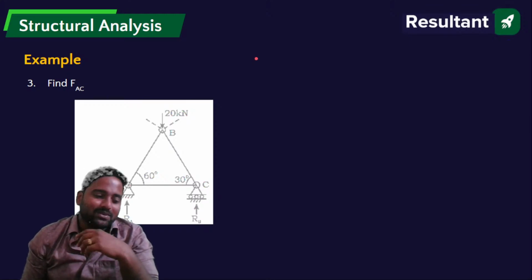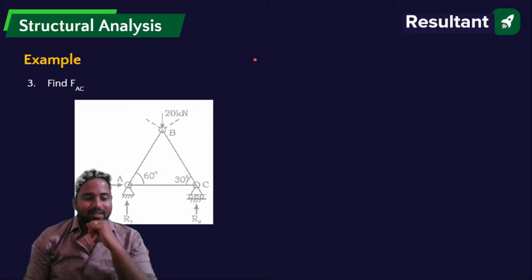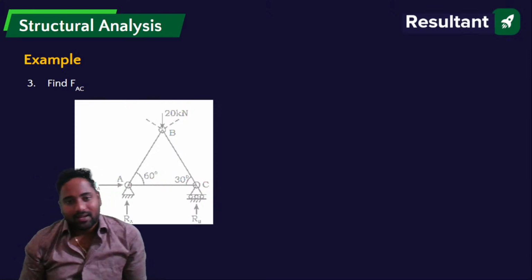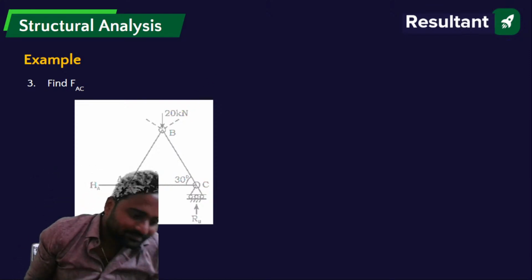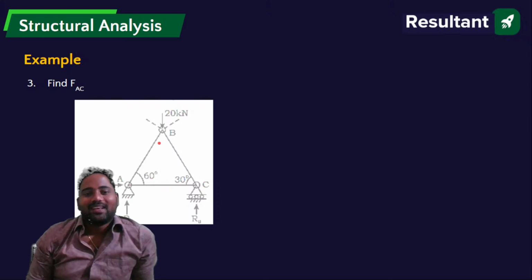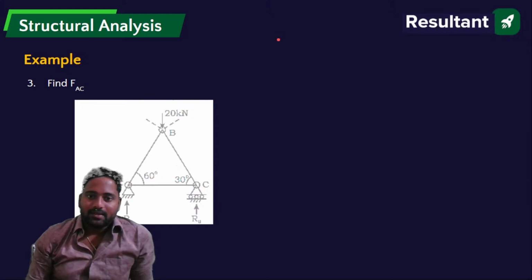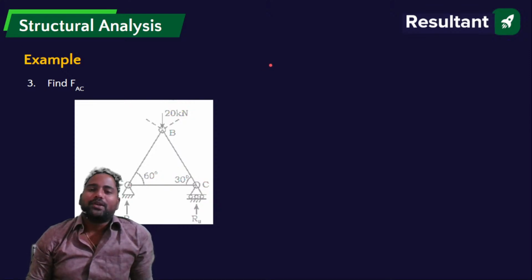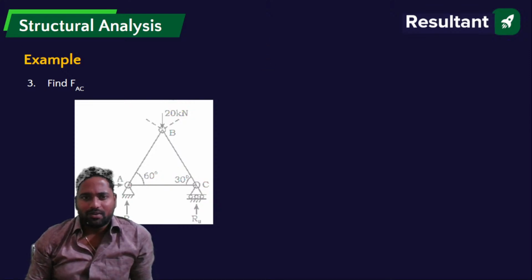Okay, so now coming back to the class, there is a problem where I have to find out the force in member AC. If I use method of joints, first you have to find the reactions based on equations of equilibrium of the whole section.